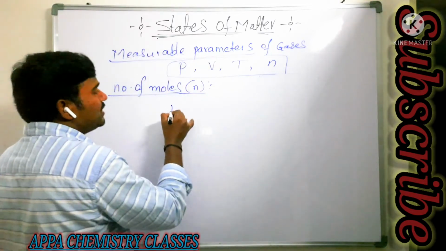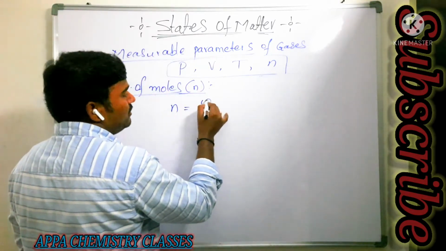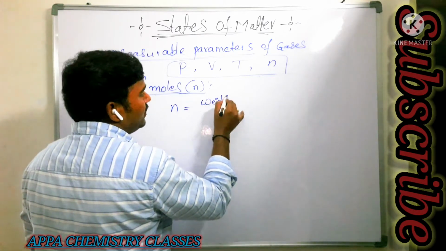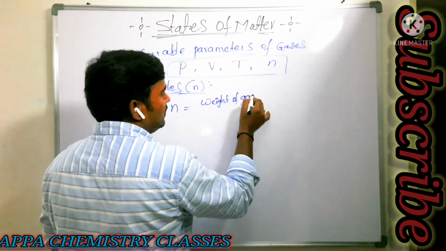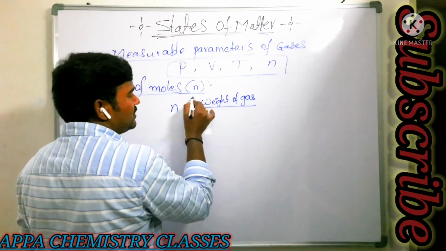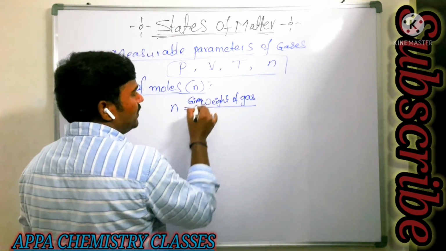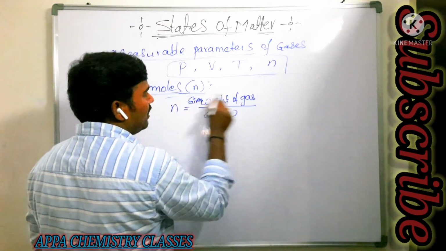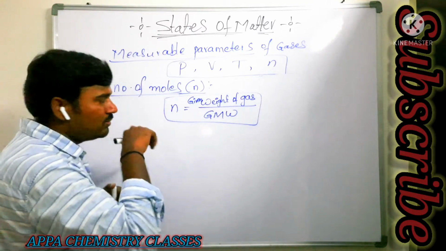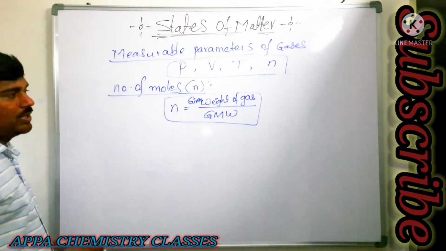How are you going to get this number of moles? It is the given weight of a gas divided by the gram molecular weight of the gas, which gives you the number of moles of the gas.